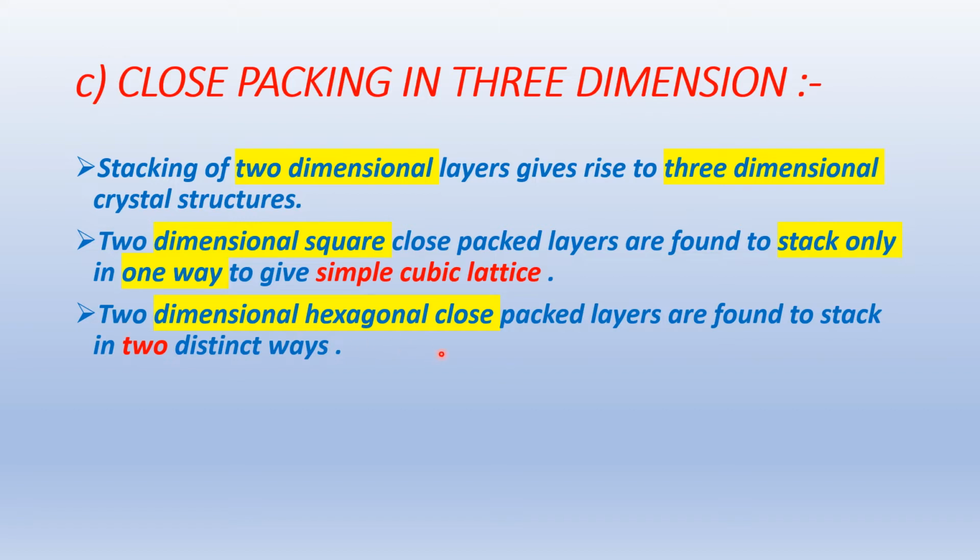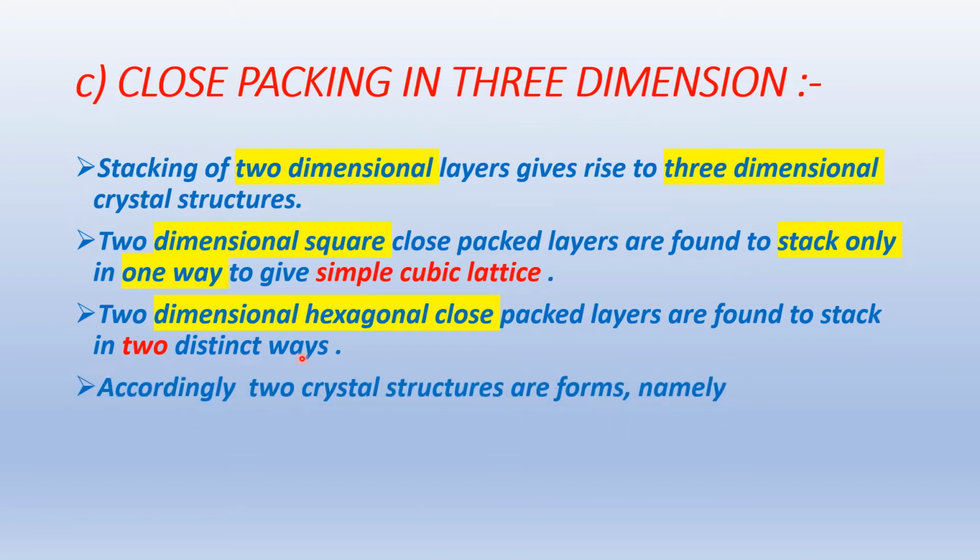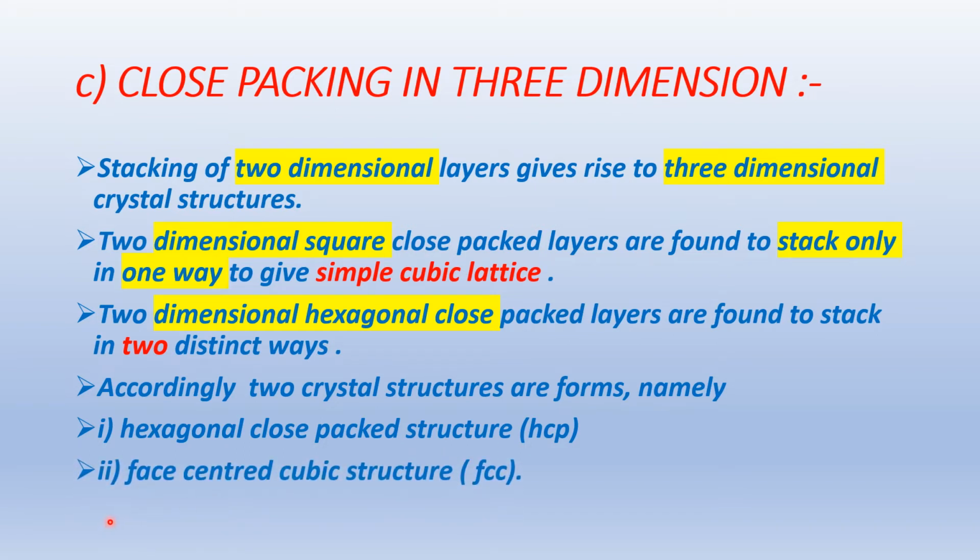Two-dimensional hexagonal close-packed layers are found to stack in two distinct ways. Accordingly, these two crystal structures are formed, namely the first one, hexagonal close packed structure, and the second one, face centered close packed structure or cubic close packed structure.